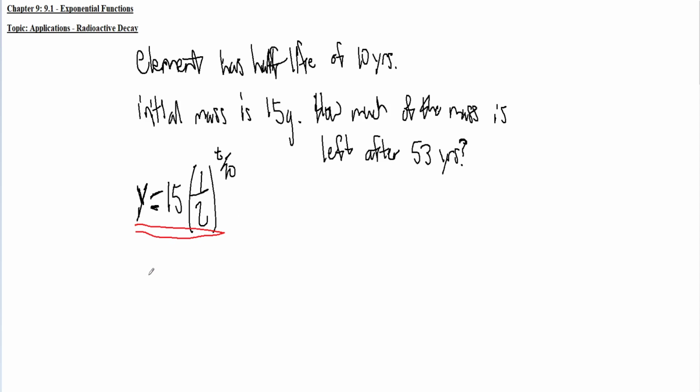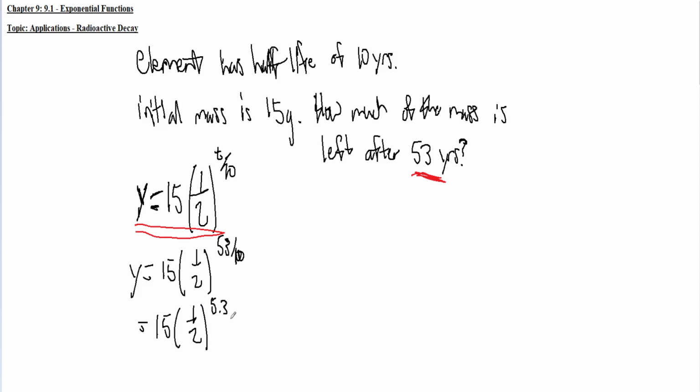So all we have to do here is plug in the time, which is the 53 for t. So we have y equal to 15 times 1/2 raised to the 53 divided by 10. You could simplify that as 15 times 1/2 raised to the 5.3.